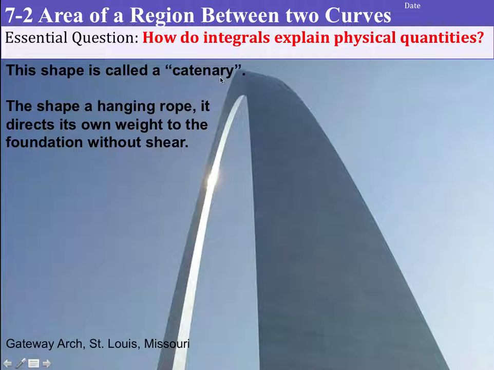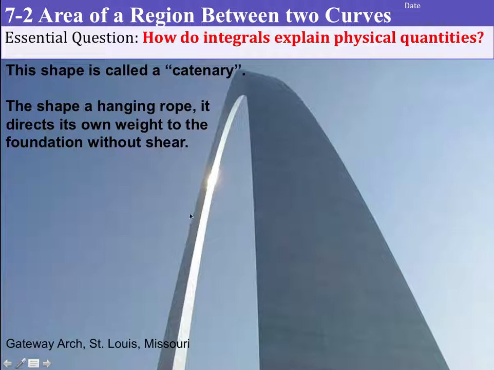And a catenary is the shape that a hanging rope or a hanging chain takes on under the force of gravity. The neat thing from an engineering aspect about a catenary is that it directs its own weight down to the foundation without any shear.